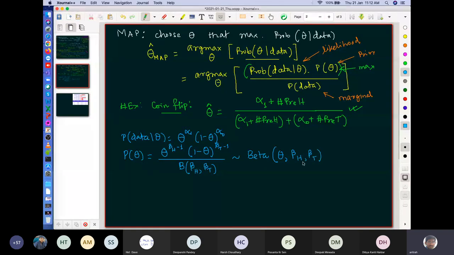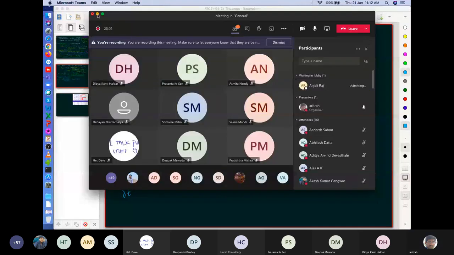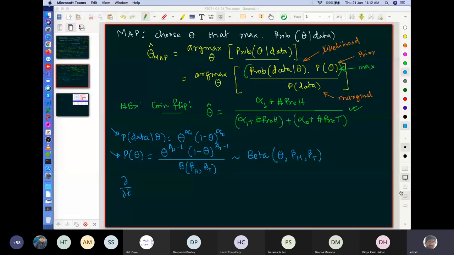So if I know that my prior for coin flipping falls into such a distribution, and this is my maximum likelihood term, then again what I am trying to do is maximize this into this, because only the numerator term I need to maximize. So I am trying to maximize, let's say this is alpha h and alpha t.